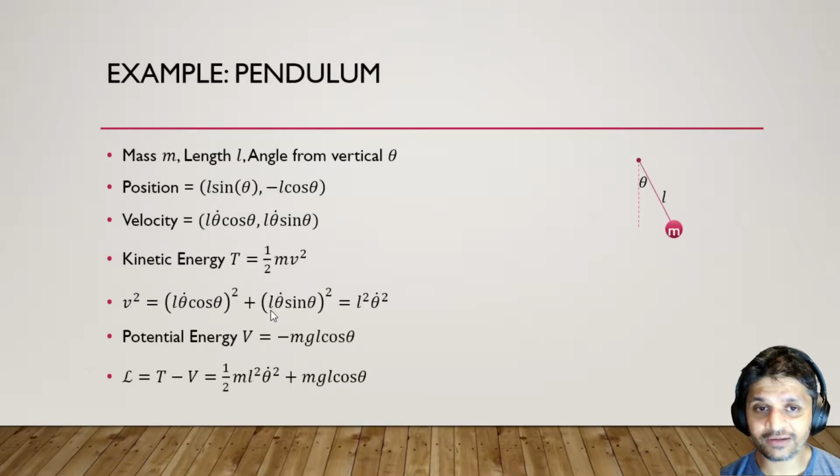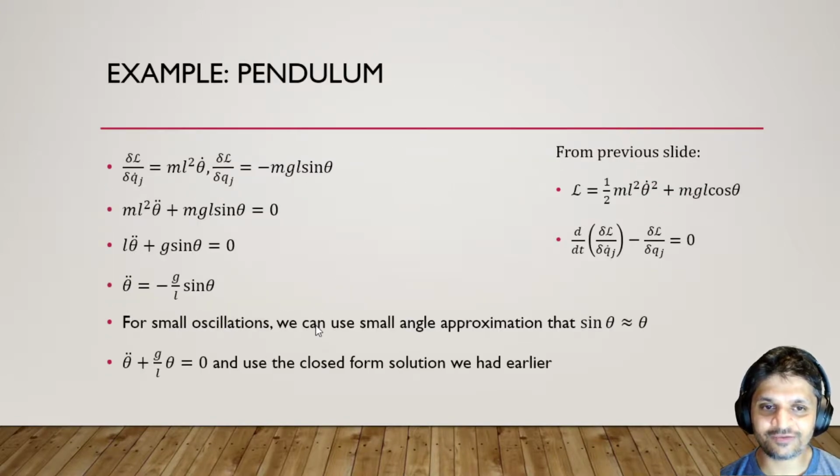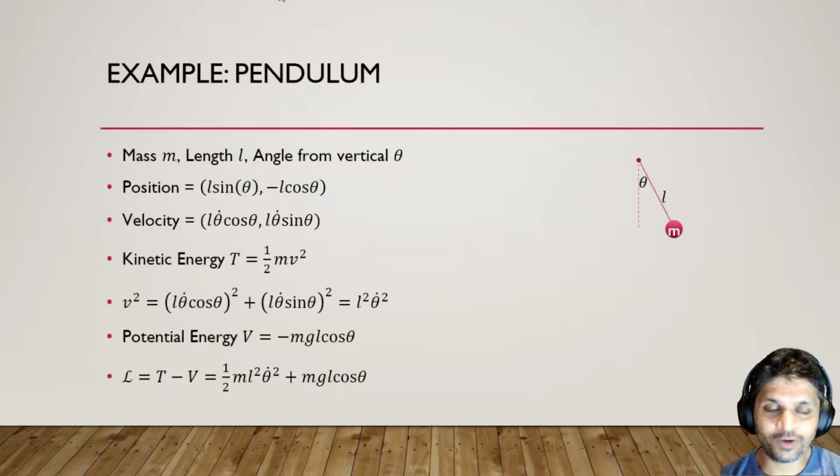Okay, and the cool thing about that is that it fits into the form that we have an analytical solution for. So then we can just plug in this and we can get an equation of this form, and that'll mean we can describe where the pendulum is at any point in time, which is pretty great.